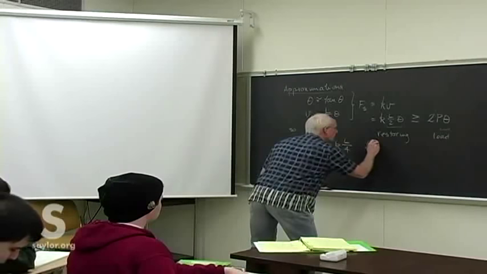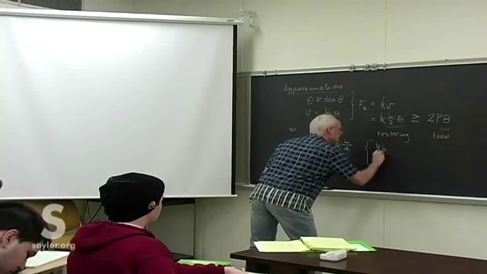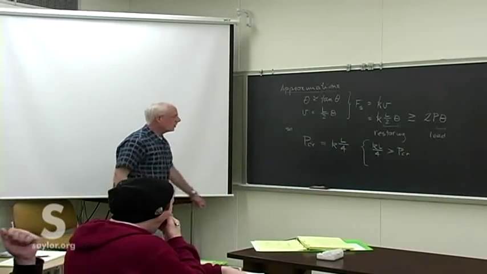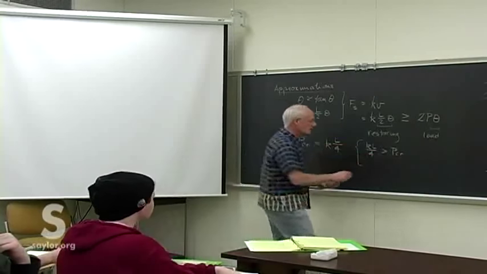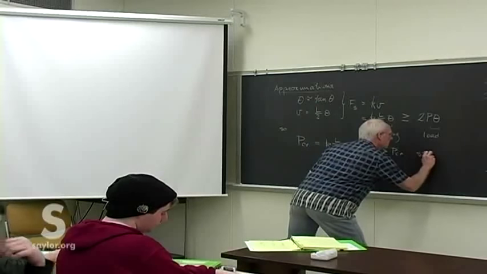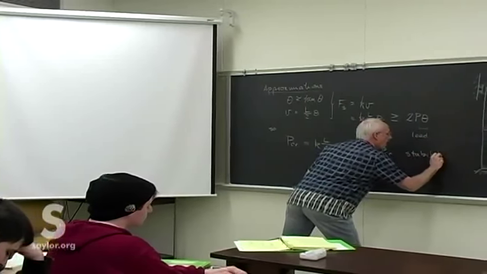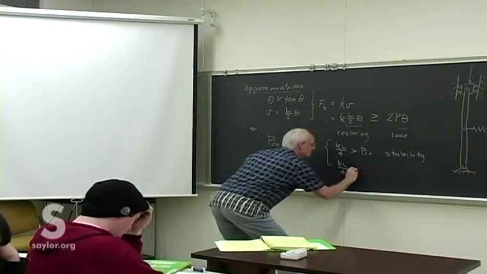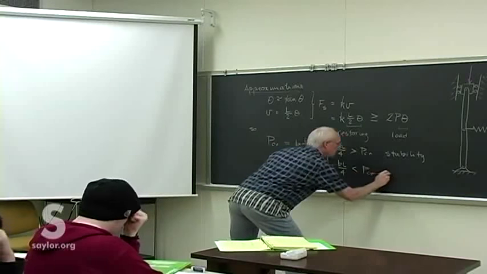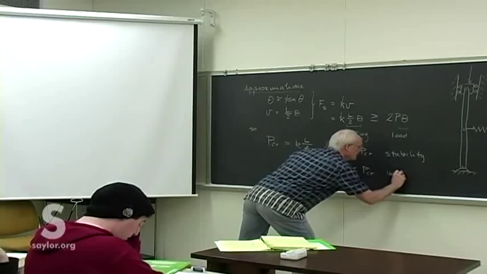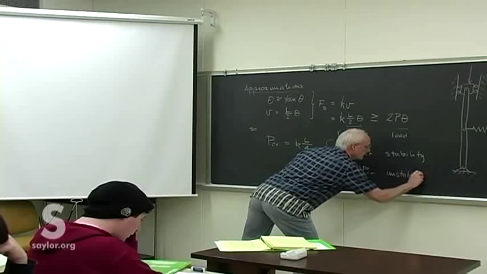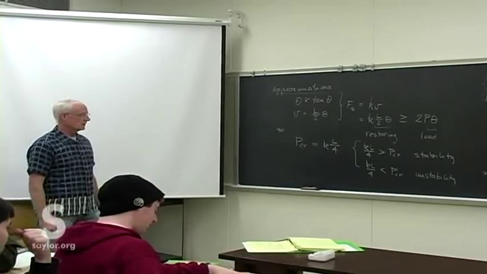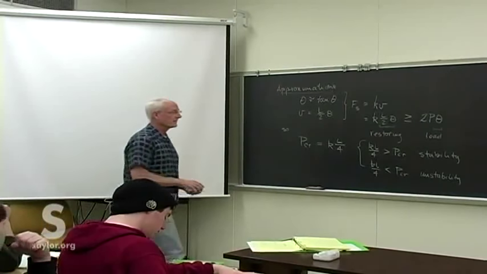Anything on either side of that: if our restoring force is greater than our load, then we have stability. And if our restoring force is less than the load being applied, we have instability. In other words, the column cannot withstand those loads and it's going to continue to buckle farther.